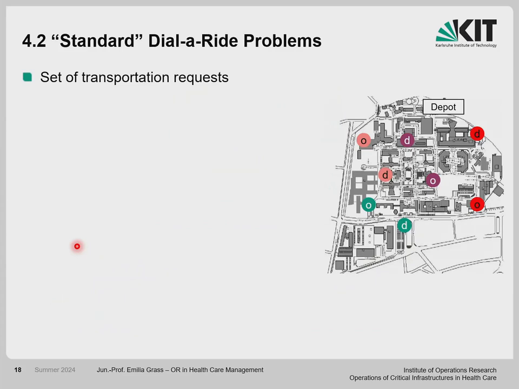Okay, so this is what I now present as a standard dial-a-ride problem. This is not particularly valid for hospitals, but it can also be used for this problem. So you have a set of transportation requests, and you have some kind of a map with a depot, where you have origin nodes and destination nodes, so you know where to pick up someone and where to deliver someone: products, customers, patients, whatever.